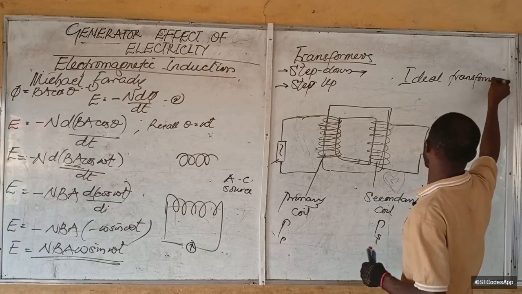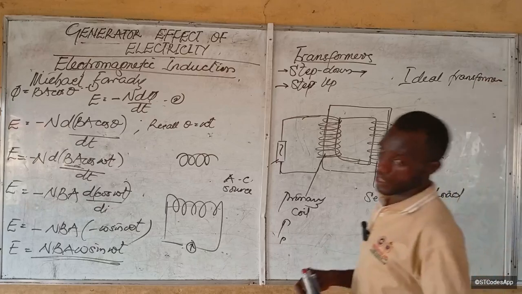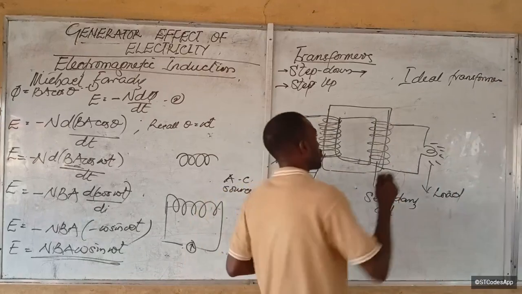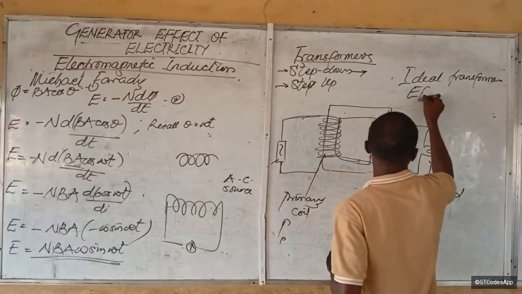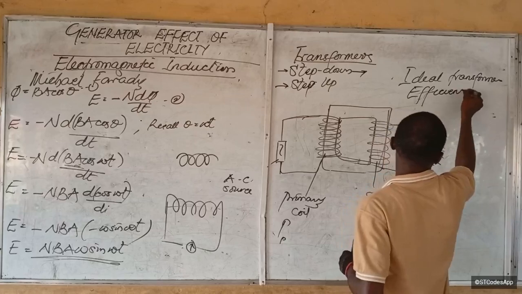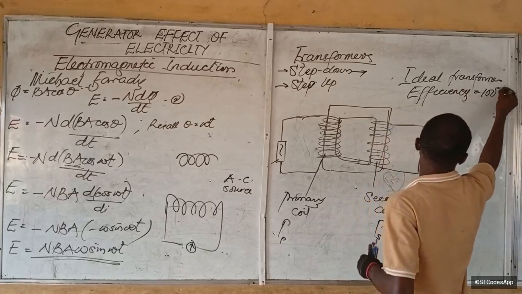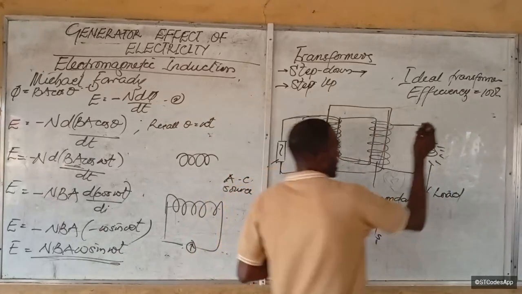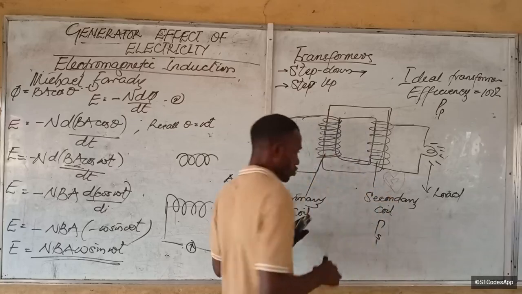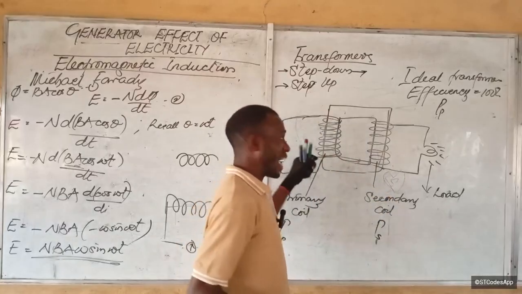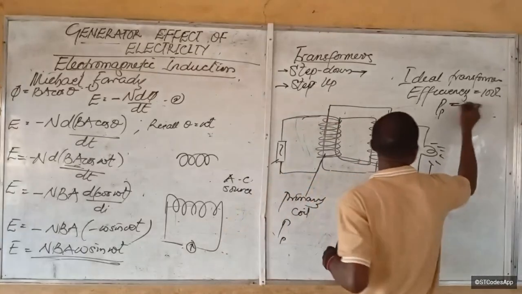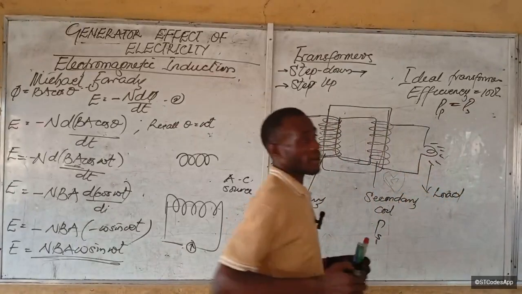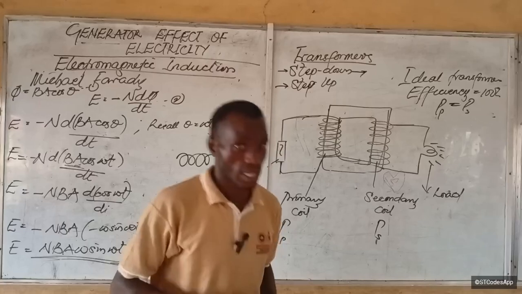All right, now, for an ideal transformer, which does not typically exist, the efficiency is 100%. And if the efficiency of an ideal transformer is 100%, then it means that the power in the primary coil, the input, will be exactly equal to the power in the secondary coil, the output. Is that okay?